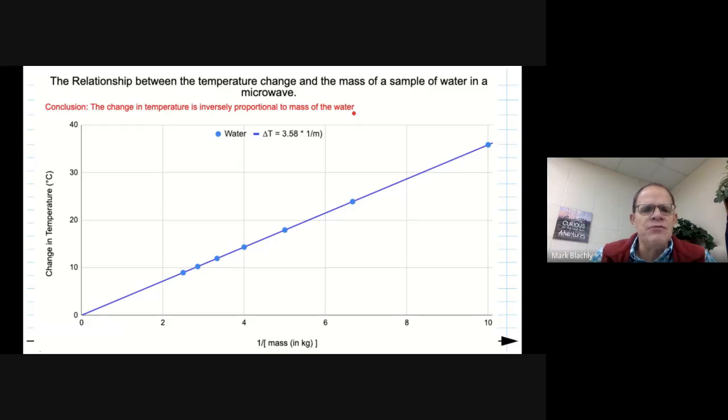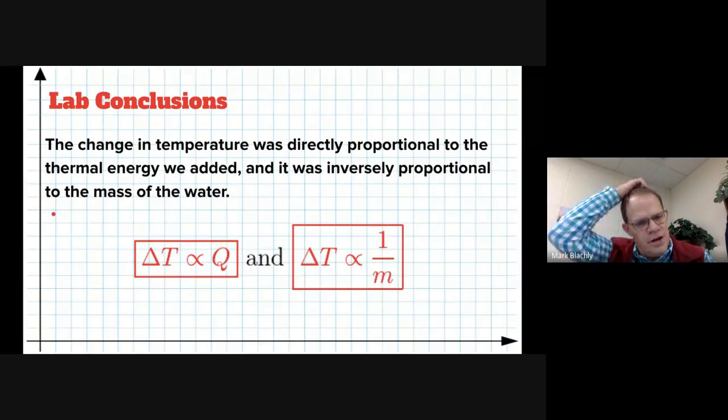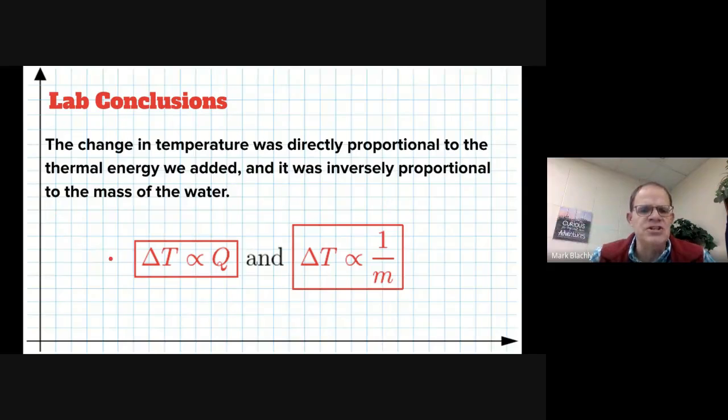What we know so far is that how much the temperature changes depends on how much energy we add, and it depends on the mass of the water. There's one more thing that it depends on. So there's my summary: the change in temperature is proportional to the heat we add, and inversely proportional to the mass. Okay? Give me a thumbs up if you're still with me.